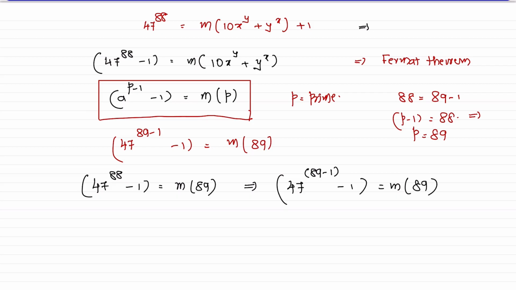What is our question? 47 to the power of 88 minus 1. What is the equation given in our question? 47 to the power of 88 minus 1 is equal to m into 10x to the power of y plus y to the power of x.